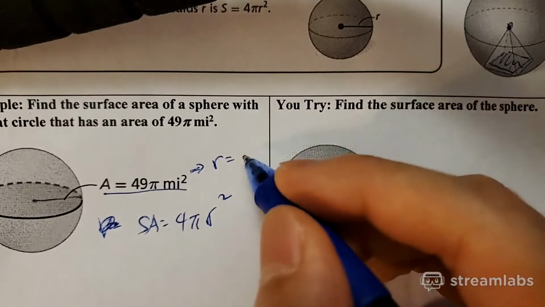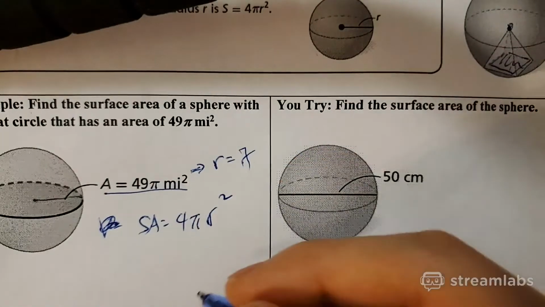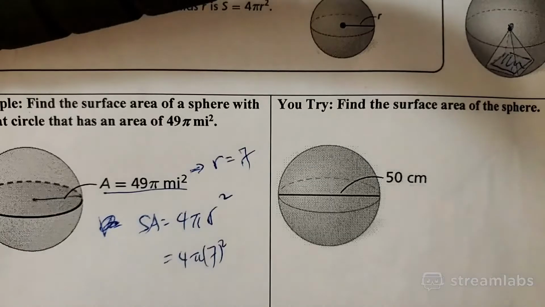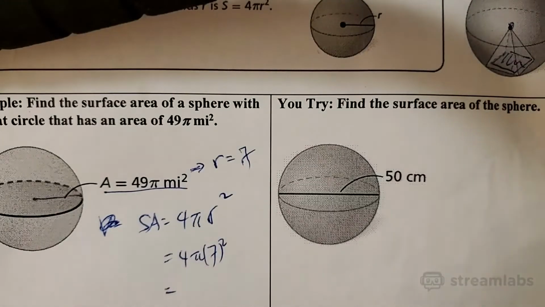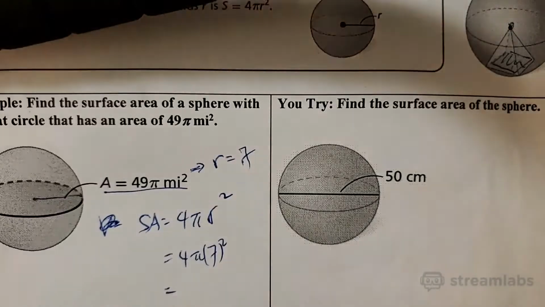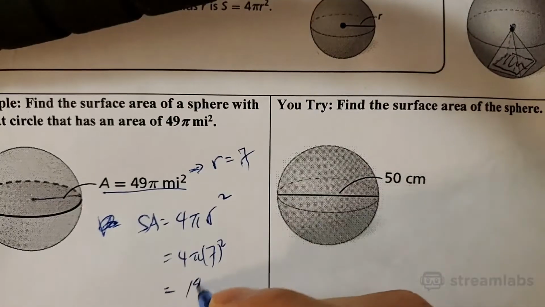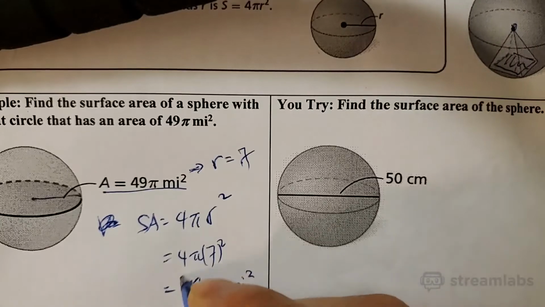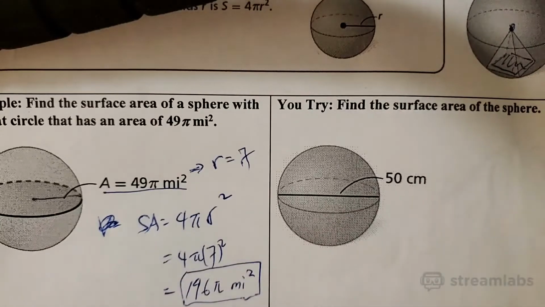Seven. Good point. 7. So you just do 7 squared, which will end up being what? 196 pi. This is in miles squared. Okay. Why is this squared again? Because you're doing surface area, right?